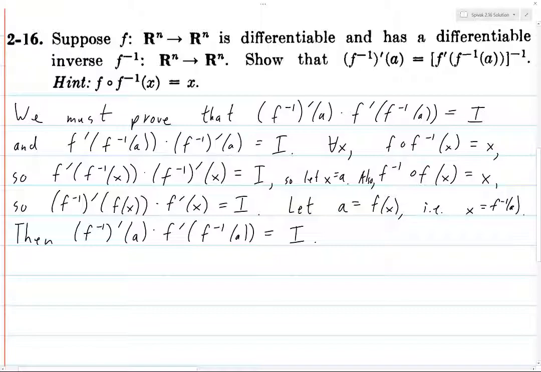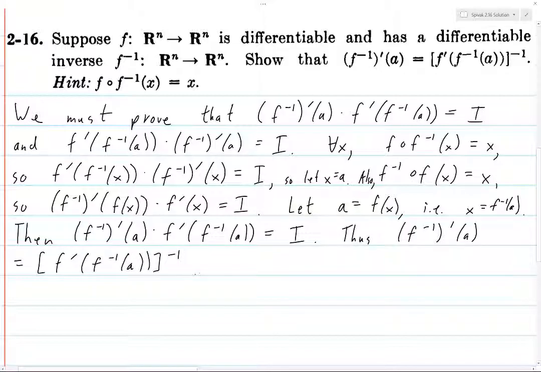And if we take f prime of f inverse of a times f inverse prime of a, we get I. So you multiply these two matrices together in any order, you get the identity matrix. So thus, that's what it means for this matrix to be the inverse of this matrix. And so then we are done.